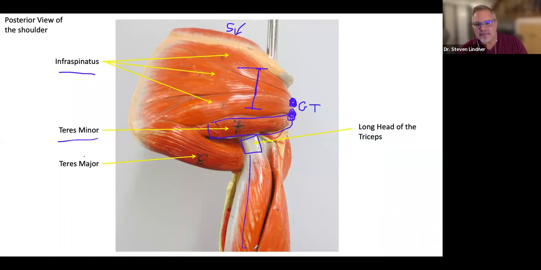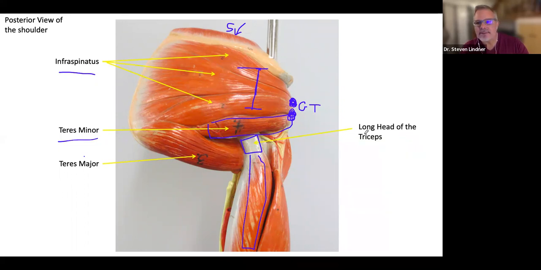This is all belly of the muscle, but you can see that it gets kind of compressed between teres minor and teres major. So great landmark, something in your mind to remember. When you see the sandwich, you know it's teres minor, teres major, and the long head of the triceps brachii.